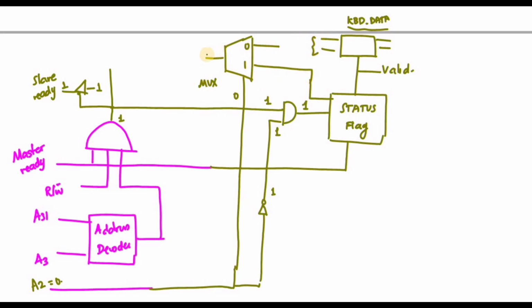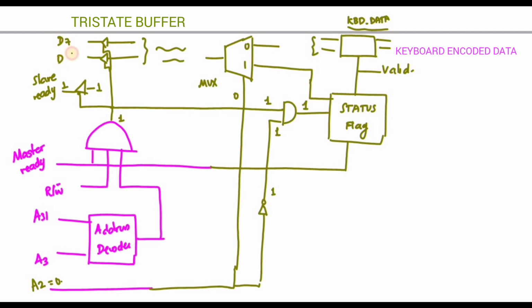Since the master ready and the read/write signal are equal to 1 and the address is also generated, the data from the KBD data is read by the processor. And you can see the slave ready pin is equal to 1 also.